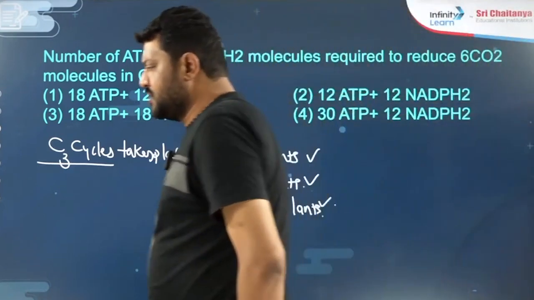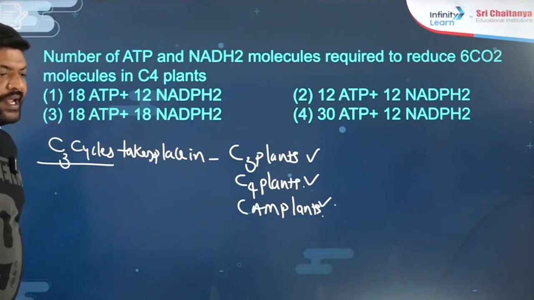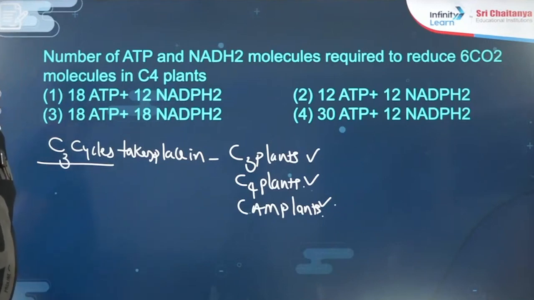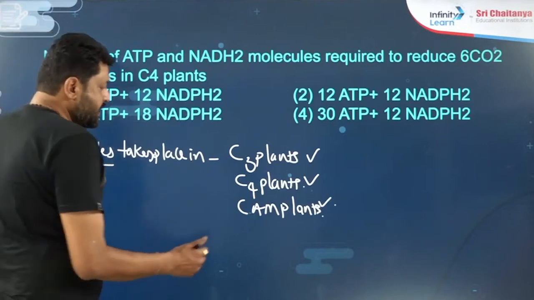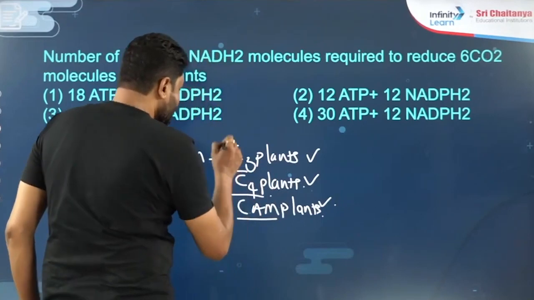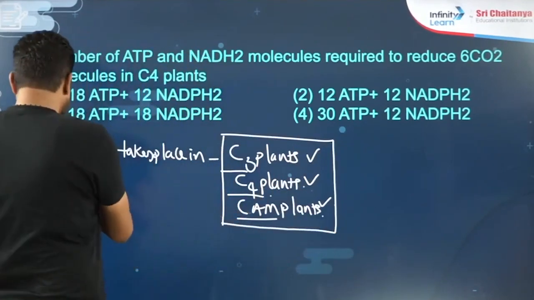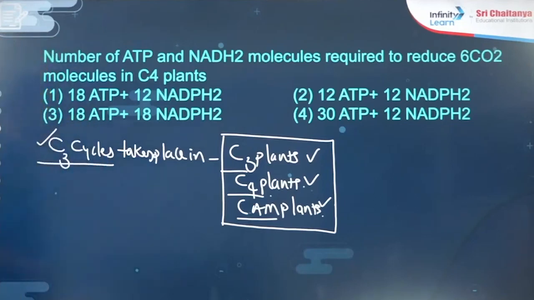CAM plants are also known as succulent plants, like aloe vera, bryophyllum, chenopodium and portulaca oleracea. Leaves are fleshy. What is common in all plants? The C3 cycle is common in all plants.